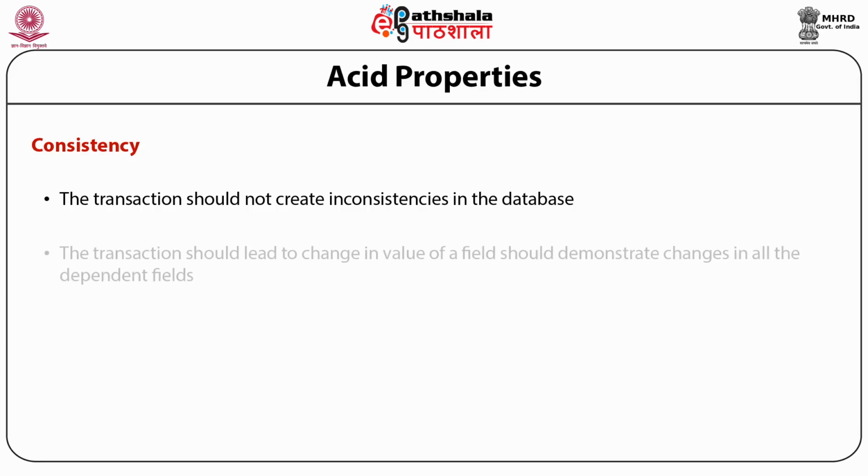Second point, a transaction that leads to a change in the value of a field should demonstrate changes in all the dependent fields. That means if there is a field and the value of that field is used by other fields in the database, then if you make a change in that particular field, the changes should be reflected in all the dependent fields of that particular field.